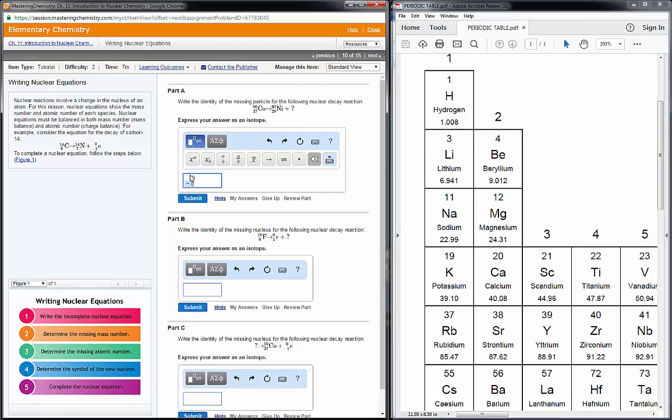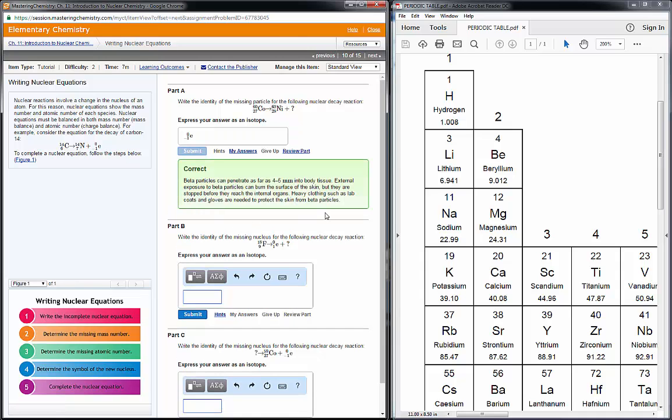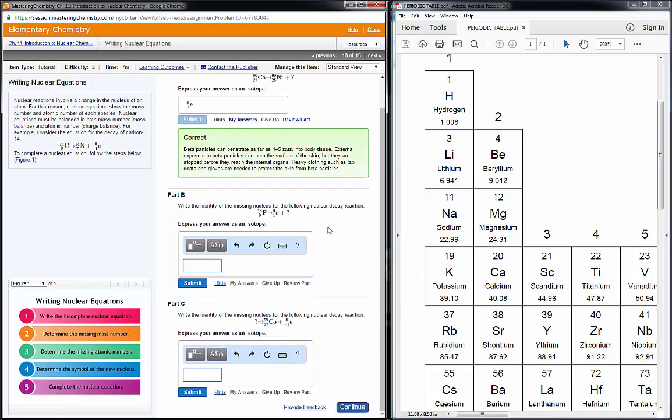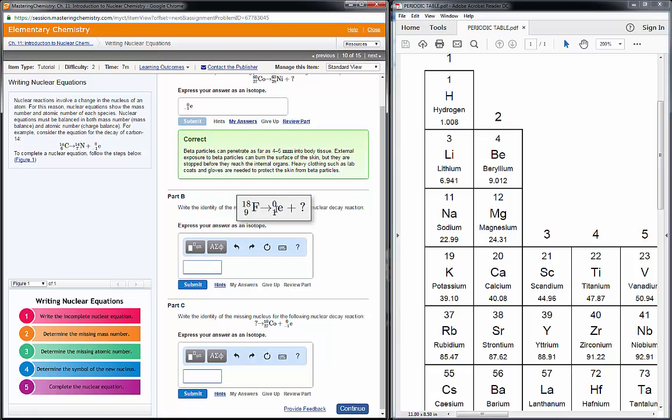0, -1. And then you can tell me what kind of particle has a mass of 0 and a charge of -1. That's an electron. Looks like that. That's a beta particle. Now, what else does this turn into? 18 has got to equal 0 plus whatever the mass of this is.